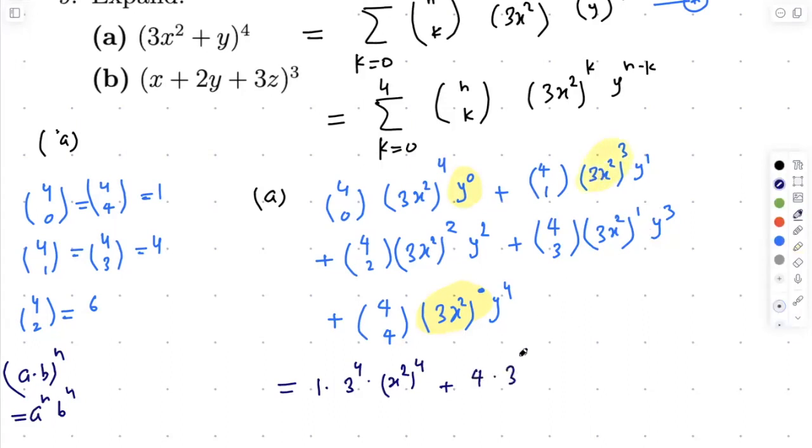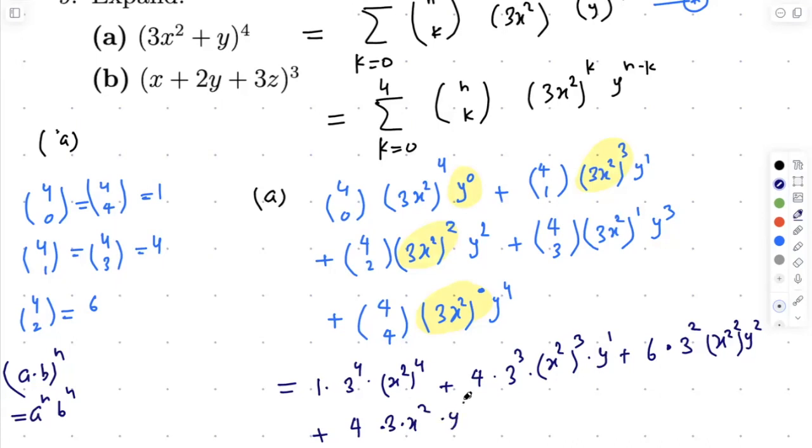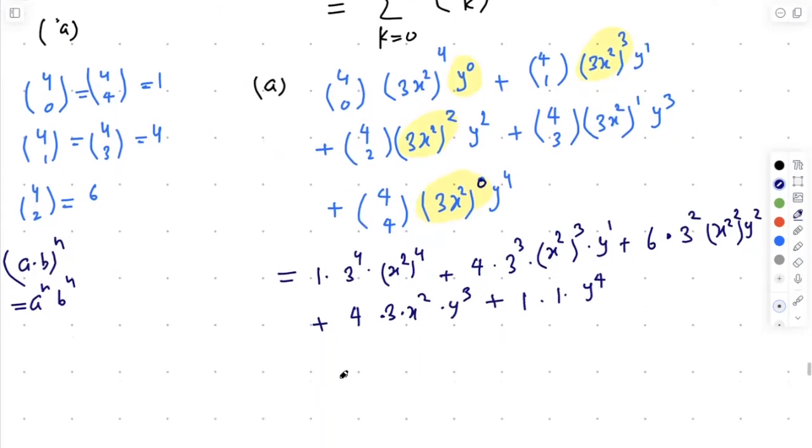It is going to be 3 power 3 and x square power 3 with y having power 1. 4c2, I have the value 6. Then after expanding this term, it is going to be multiplied by 3 square, x square whole square, y square. What is the next term? Similarly, 4c3 has the value 4 there. It is multiplied by 3, then after x square, then after y cube. And 4c4 is 1. 3x square power 0. Anything raised to the power 0 is going to be 1 for you. Y power 4.